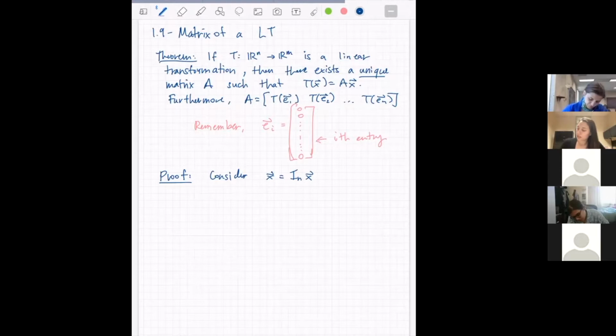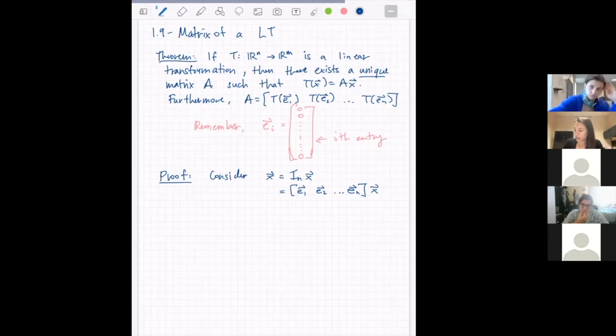And then we can expand this out. We know that this identity matrix is made up of these vectors E1, E2 up to En, times the vector X. And then we know that for matrix multiplication, we can rewrite this matrix times a vector as a sum of vectors.